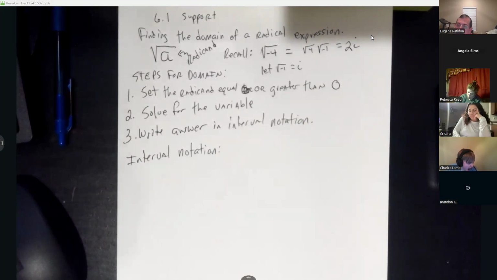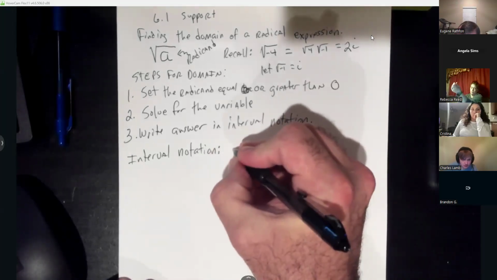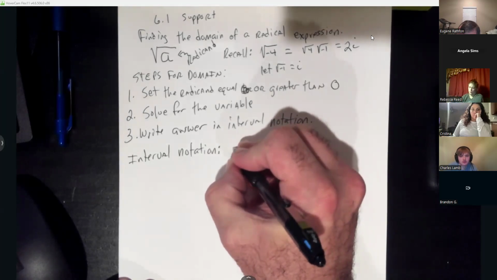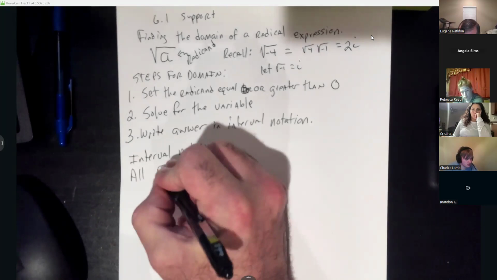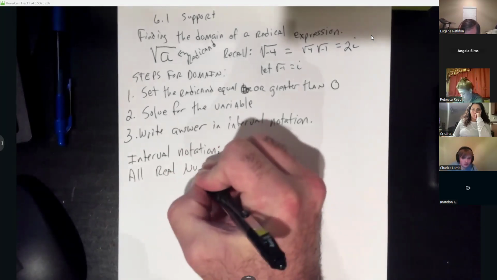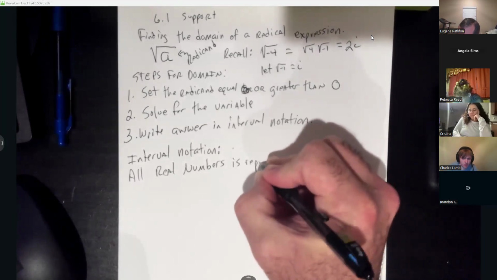So with interval notation, we don't write all these words out like x, such that x is a real number and all that. We use parentheses. So in interval notation, all real numbers is represented.